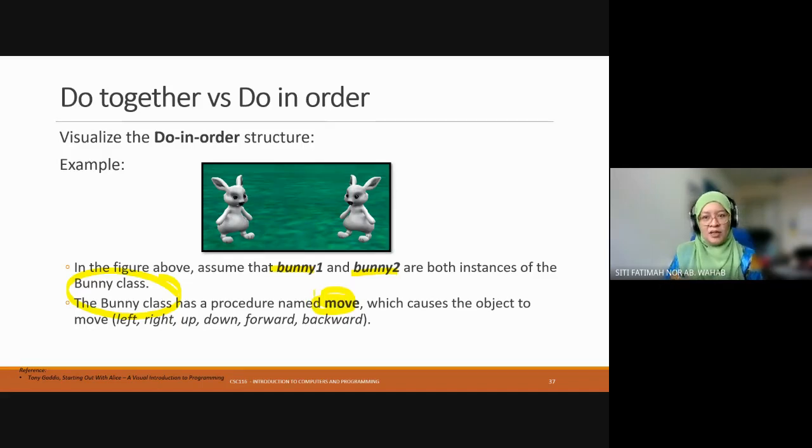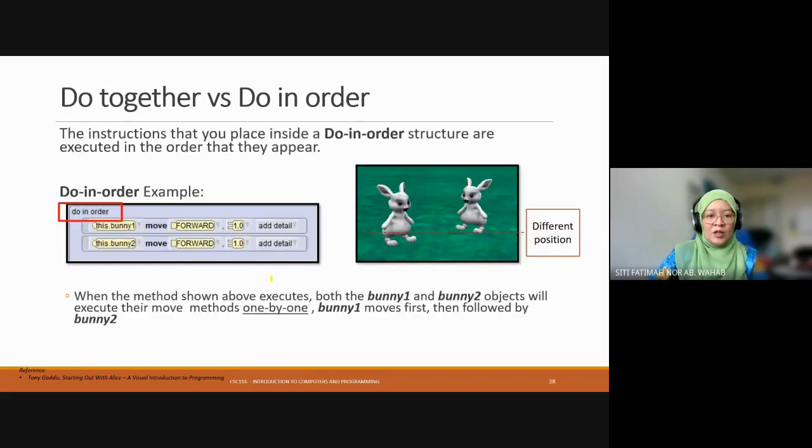Okay, so setiap benda yang 2 kaki tu, binatang ke human, they can move. So it causes the object to move either left, right, up, down, or backward. So kat sini you set the bunny 1 to move forward, and the bunny 2 to move forward also. So different position, kenapa? Sebab dia buat do in order.